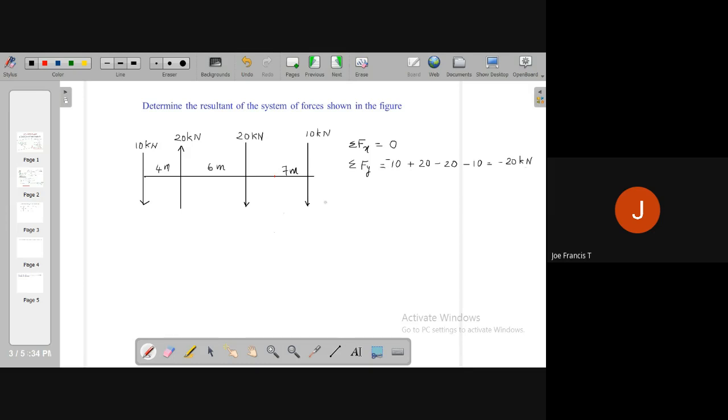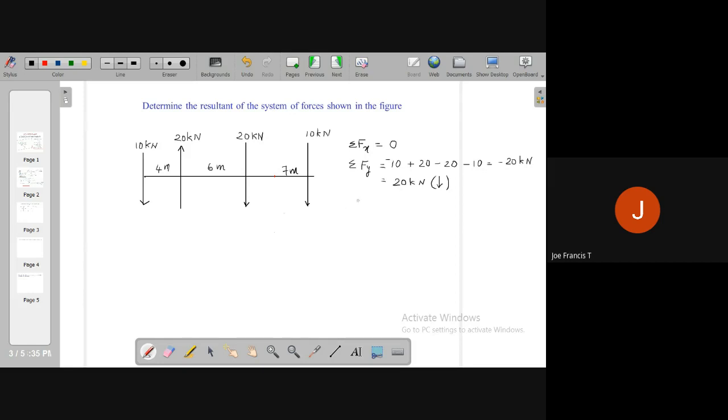Right? So, in short, there is a negative force, right? That means this Fy is acting downwards. So, you can write it as 20 kilonewton acting downwards. So, that is the direction of the force. So, we take that negative sign out. So, 20 kilonewton acting. So, that is the resultant force, right?